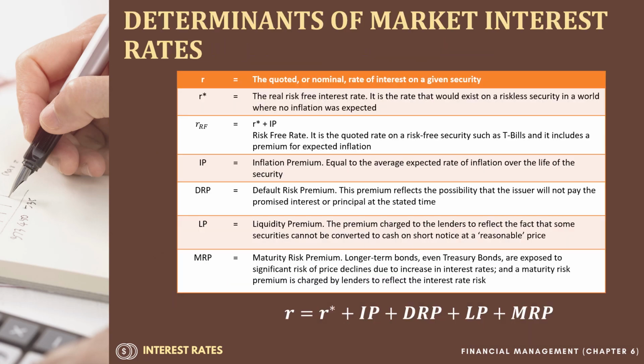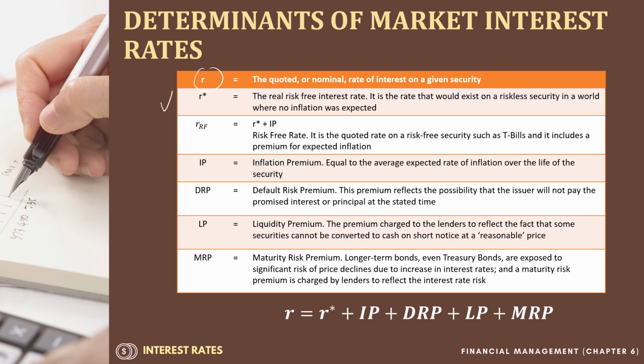Now we have here the determinants of market interest rates. First off, we have here the R, or this is the nominal rate of interest on a given security, or basically the interest rate of a security. Next, we have here the real risk-free rate. Okay, so this real risk-free rate is the rate that would exist on a riskless or risk-free security in a world wherein there is no inflation that is expected.